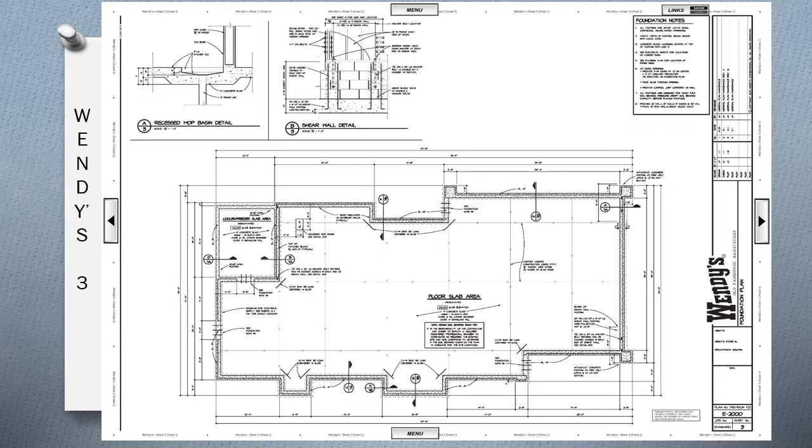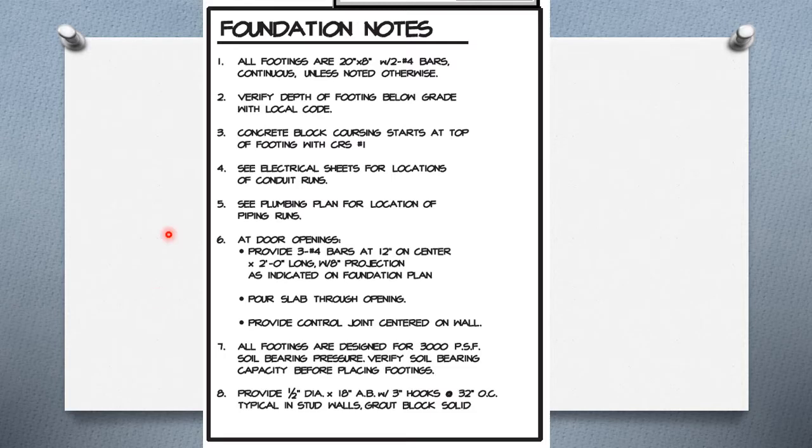Let's turn to Wendy's sheet 3. I want to draw your attention to the notes. Whenever you get a drawing that has notes, look at them because they may contain information that's not shown on the drawing.